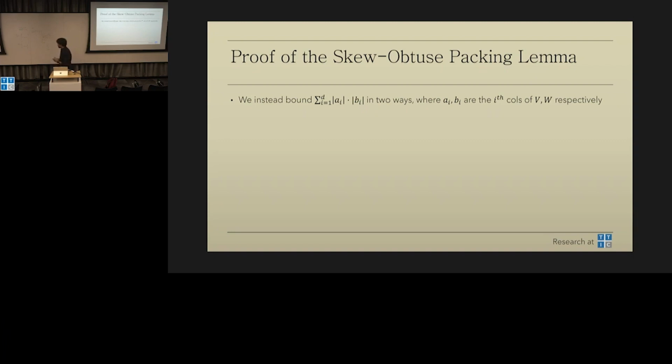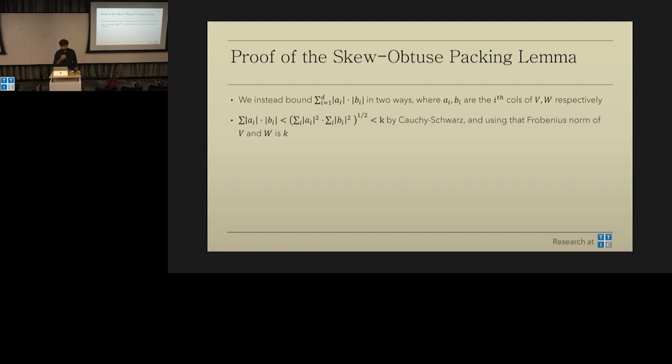A_i is just the column vectors in this matrix P. These are all k cross d matrices because we have d-dimensional vectors, and this is B_i. And this quantity somehow turns out to be very interesting in bounding the size of a skew obtuse family of vectors. It is the product of the column norms, summed.